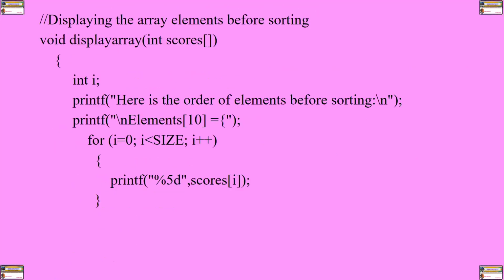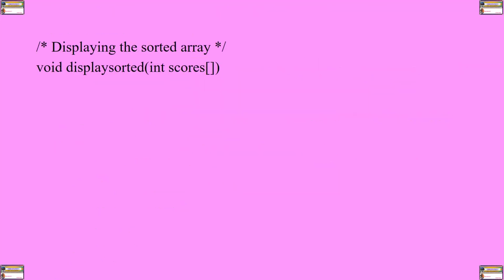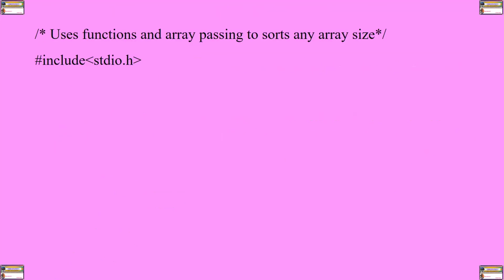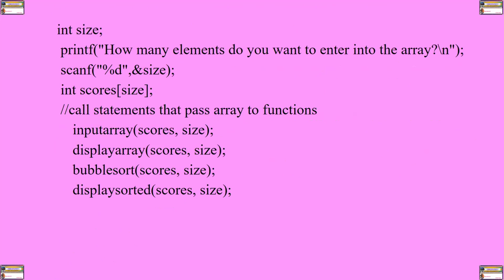And then we proceed and code this other program that allows the user to determine the size of the array and also the number of elements, and then we see how both of them will behave.